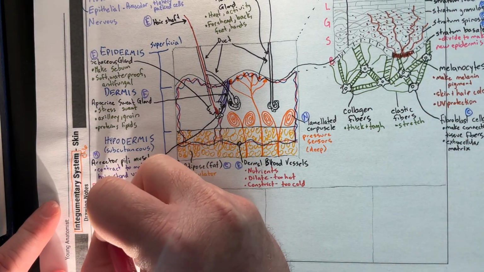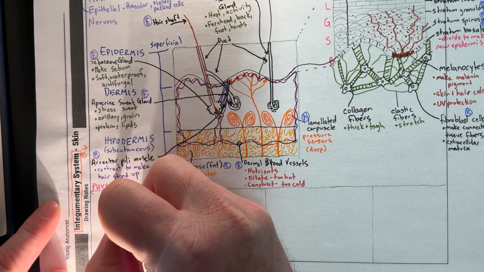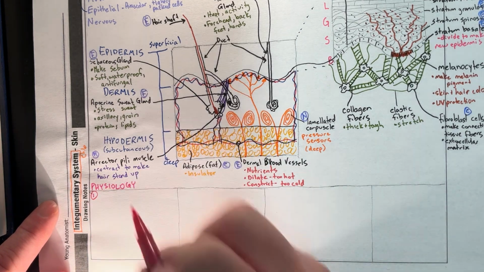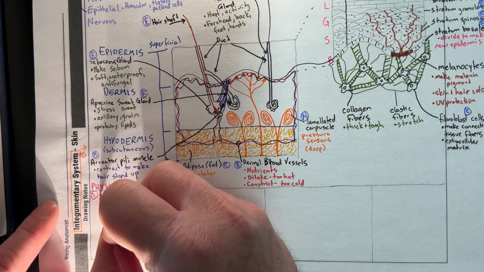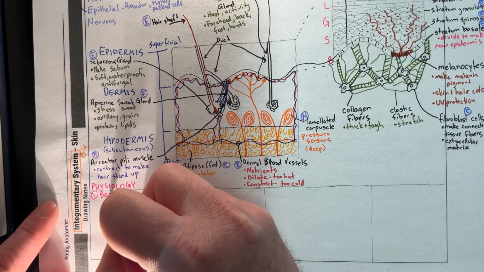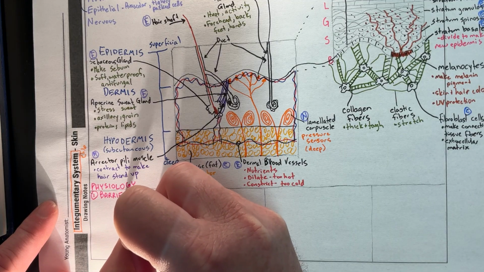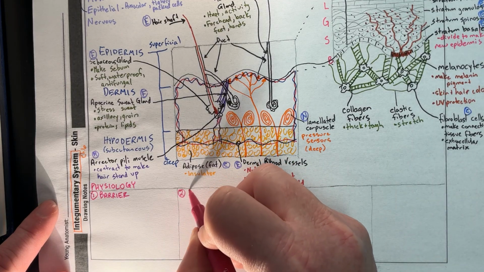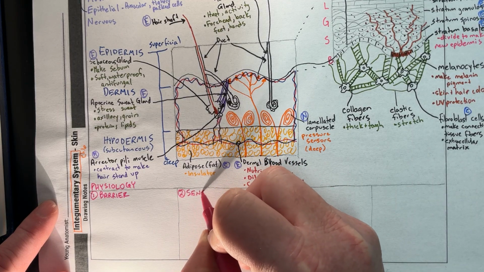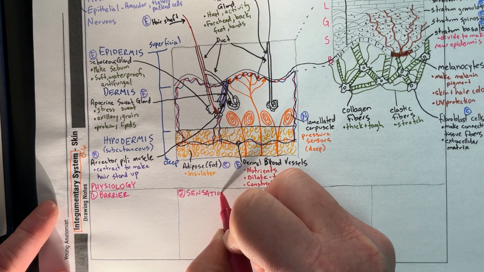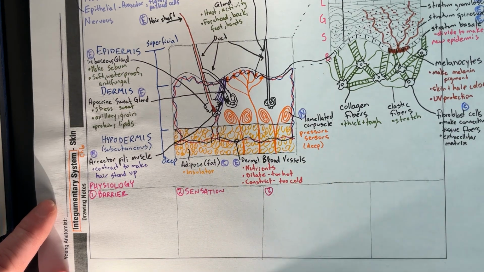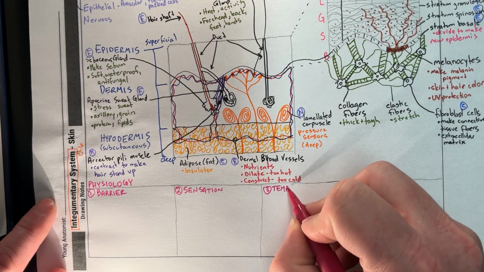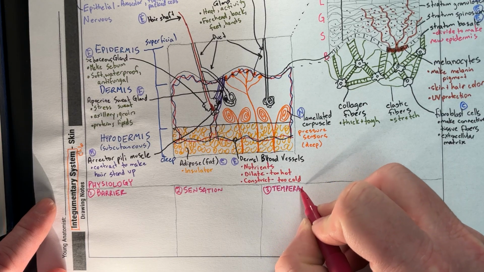The first thing that I want to put in this box is I want to talk about how your skin has a function as a barrier for your body. Next, I want to talk about how your skin is important for sensation. Third, I want to talk about how your skin is important for temperature homeostasis.